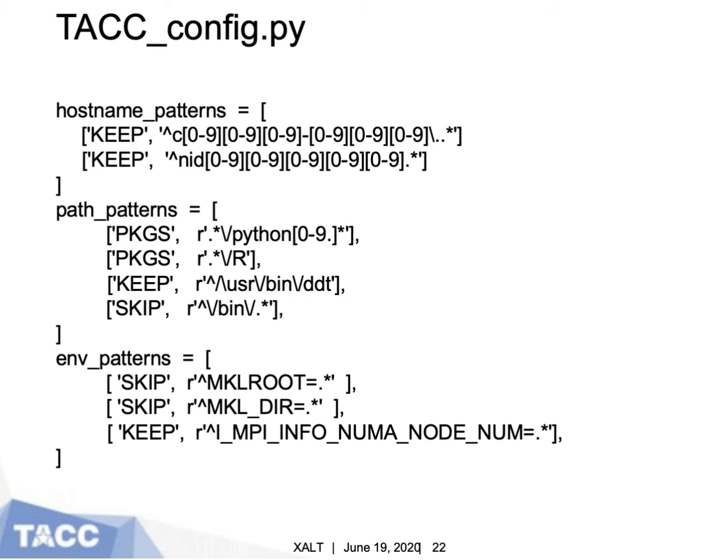Also, environment variables. I want to throw away almost all the environment variables. Originally, XALT was very interested in being able to give a reproduction of how the code was run, with all the environment variables and the command line and the libraries and all that. Wonderful. The problem is that that's just too much data.